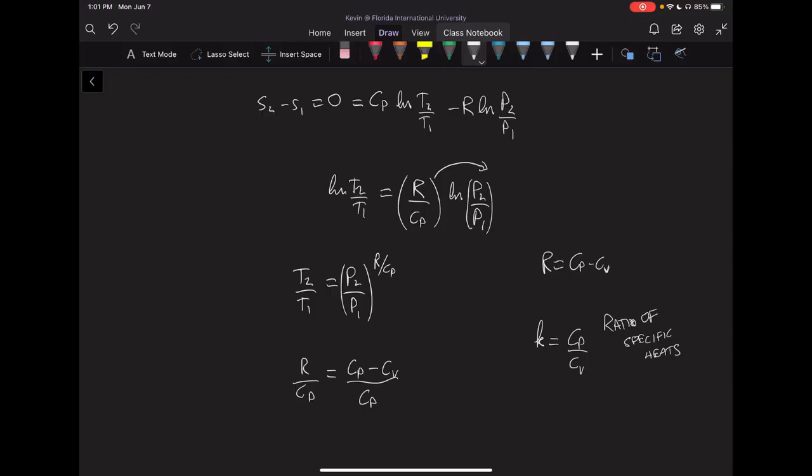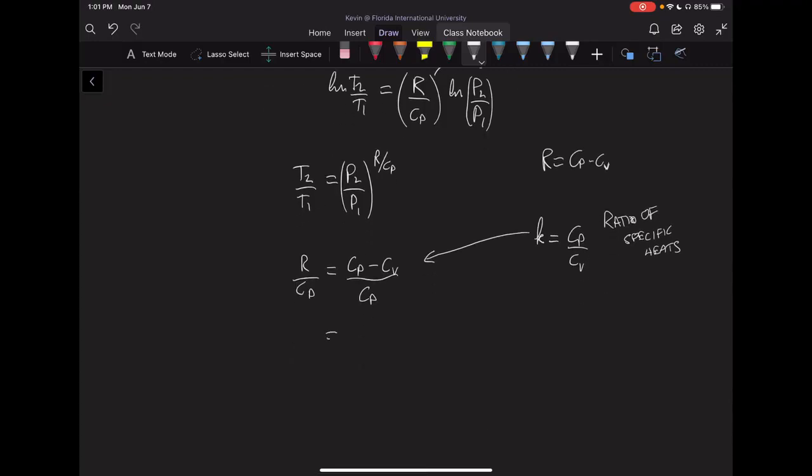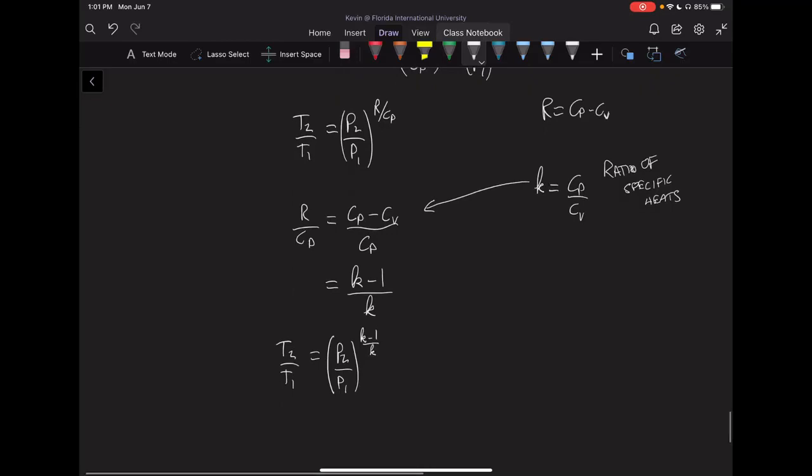Now, if we plug in K, we can say that R over Cp is actually equal to K minus 1 over K by doing some algebraic manipulation. And that means that T2 over T1 is equal to P2 over P1 to the power of K minus 1 over K for an isentropic process.